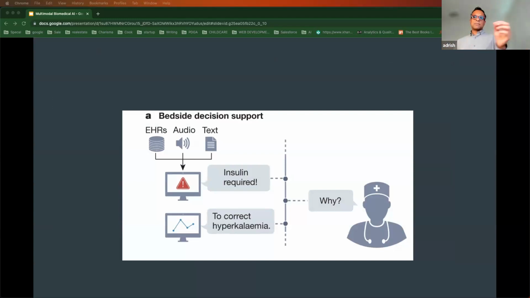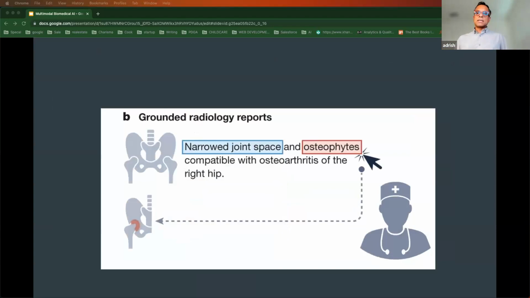So that's the concept of interactivity. And think about this as a combination of text and voice, which would be important depending on the context of the application. The second example is where an LLM should be able to create radiology reports, and create them in a much more visualized fashion.